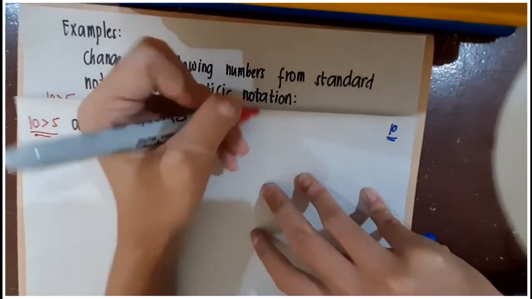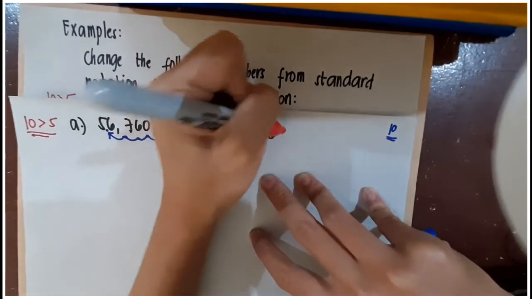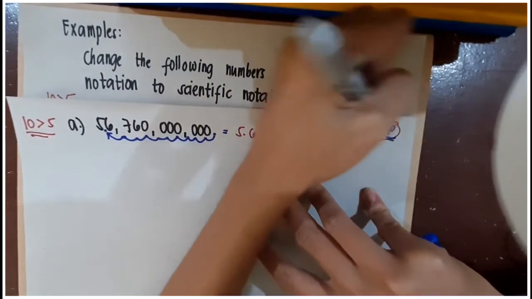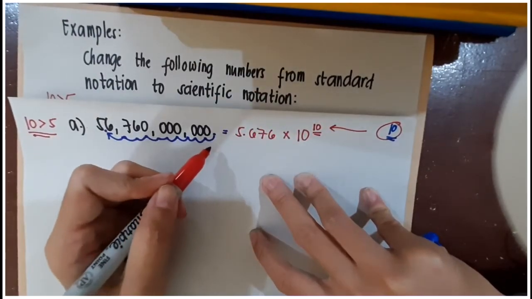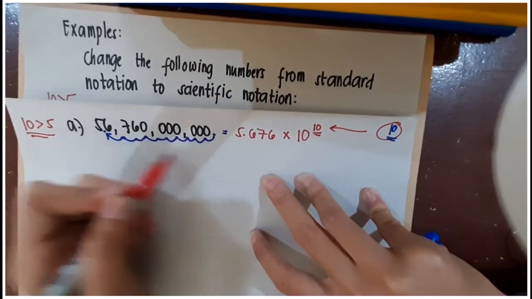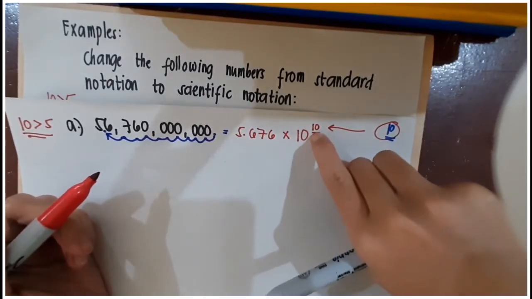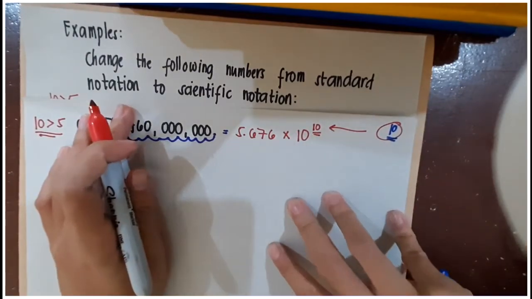So you can write it now as 5.676 times 10 raised to 10. This is the number of decimal places that you moved to the left, so that is positive 10. That is now your exponent for your scientific notation.